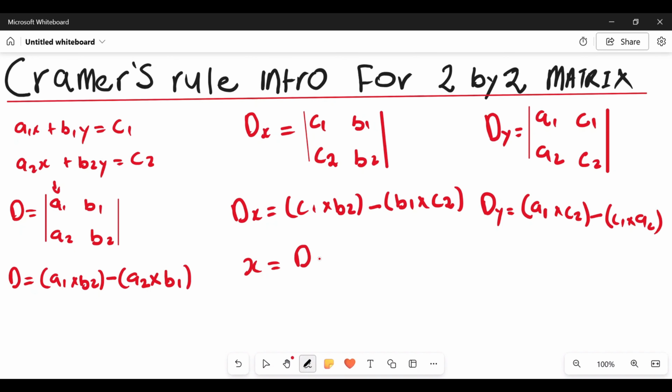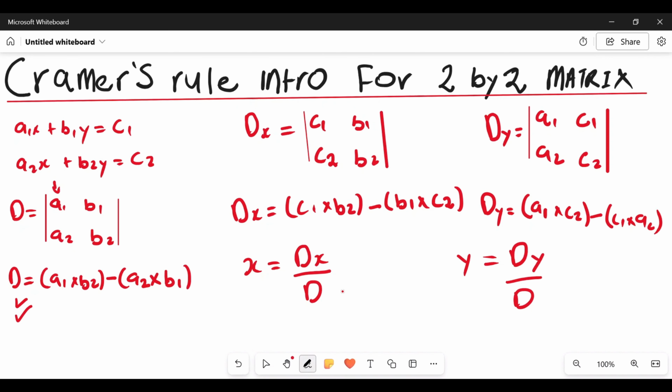You divide the determinant of x with the determinant that we calculated here. And then for y, we also are going to divide the determinant of y with the determinant that we calculated there on the original. So basically, this is how you calculate x and y.